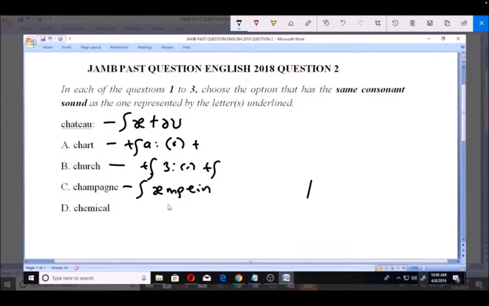Champagne. Right, this is chemical, as in K, it's CH. Chemical. So you can see that it's champagne, chateau.